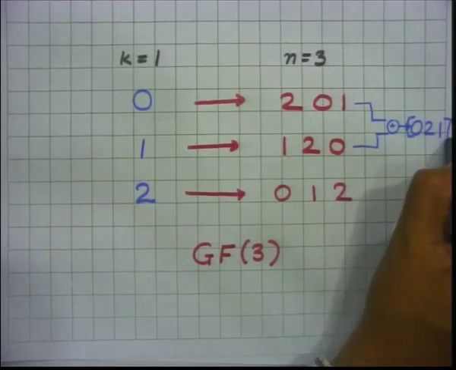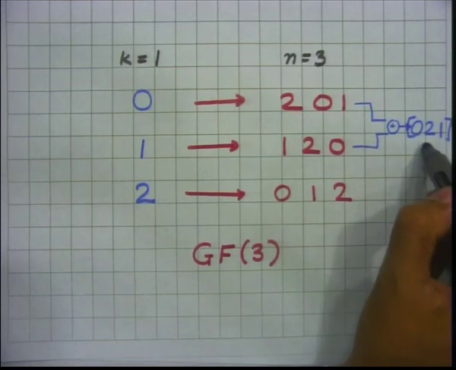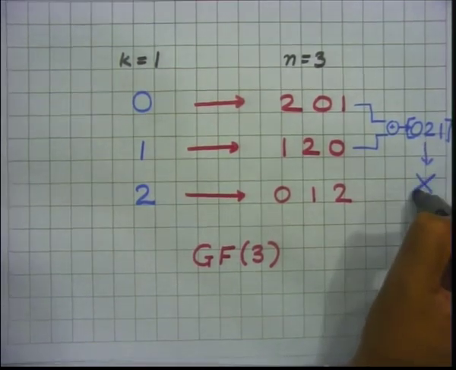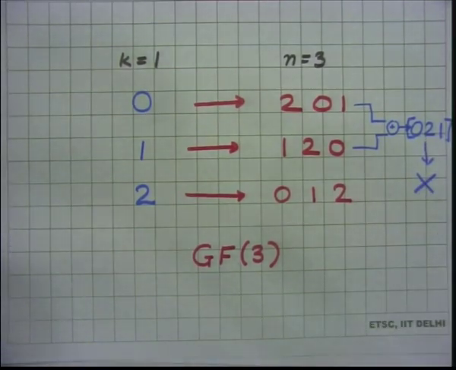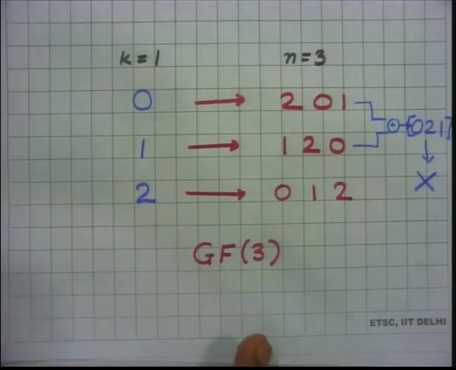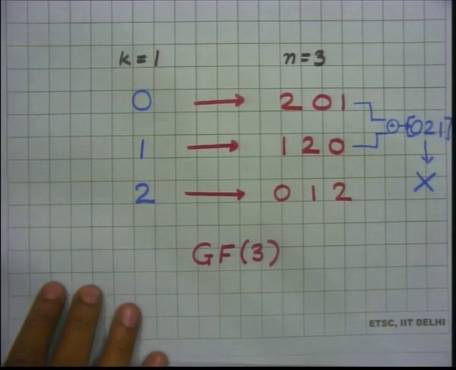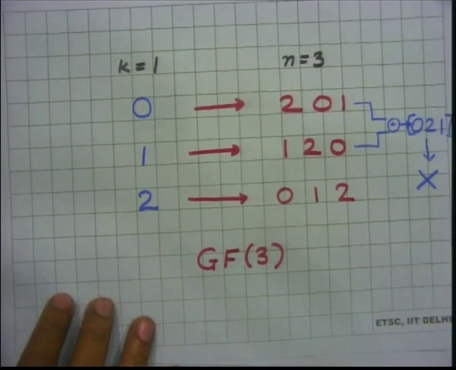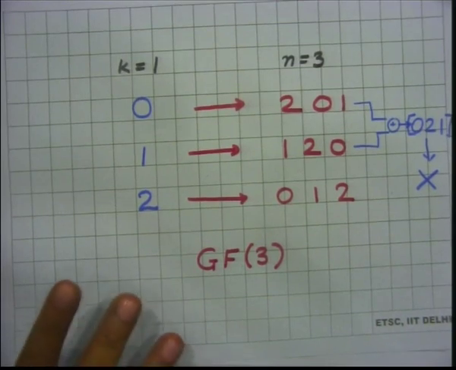So the sum of these two code words is not a valid code word. So it defies both the properties of a linear block code. Nonetheless, it is a valid code. It's a block code.